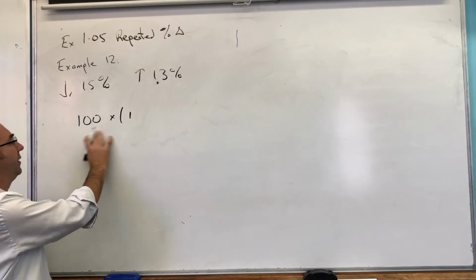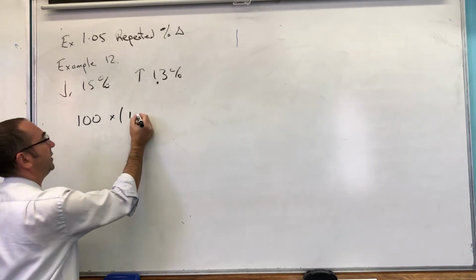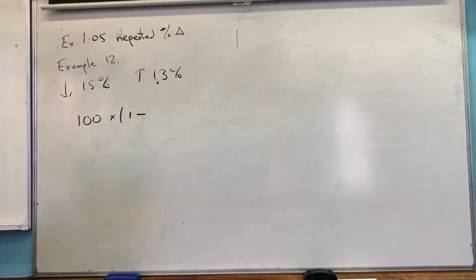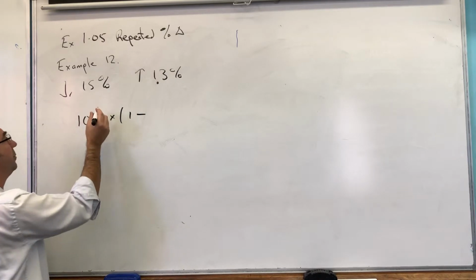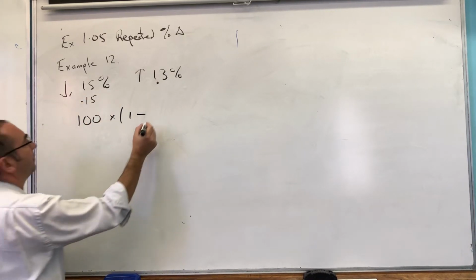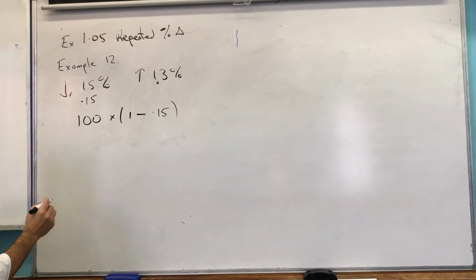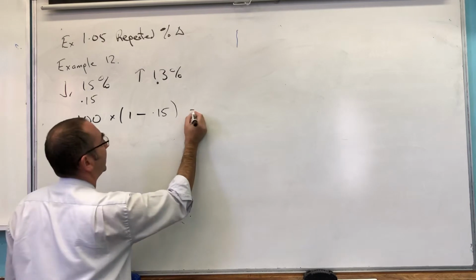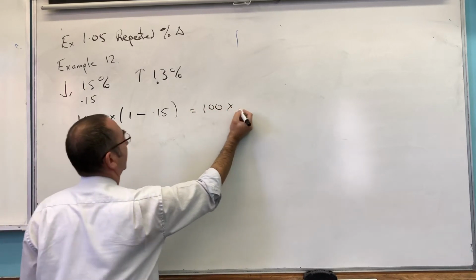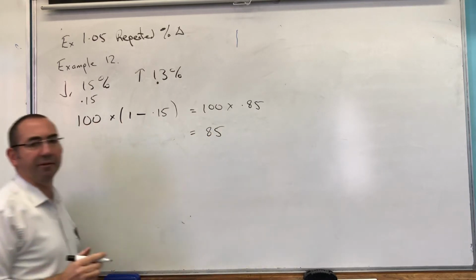If we were going to keep 100 the same, we'd multiply it by 1. But we're not, we're going to decrease it, so we're going to subtract 15%. We're going to decrease it by 15%, which is 0.15. So if we go 100 times 1 minus 0.15, that will be the same as 100 times 0.85, which will come out as 85.